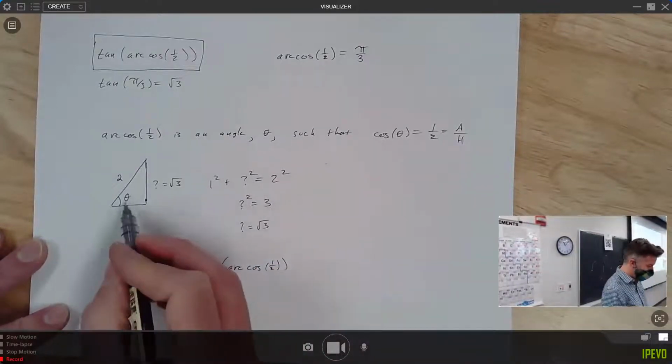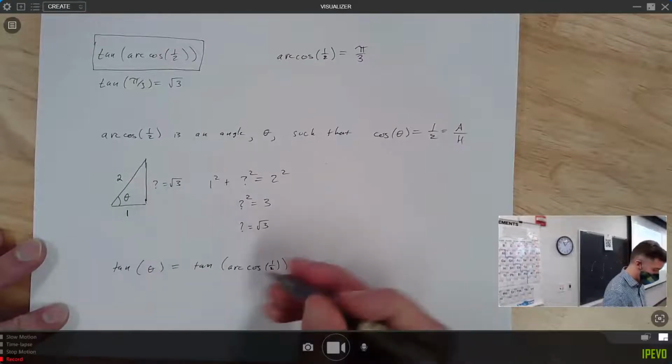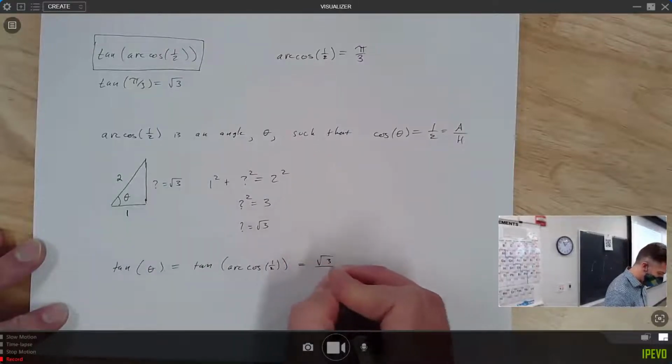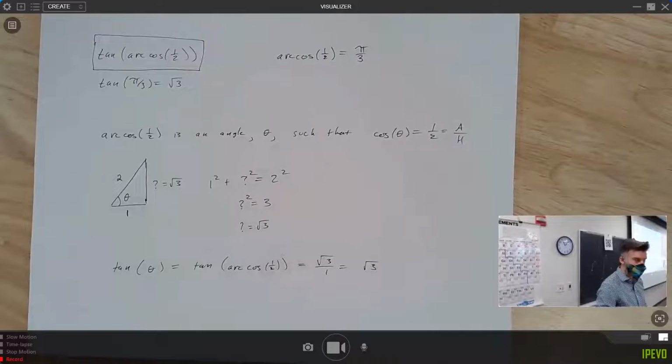But tangent of that angle is opposite over adjacent. So you can totally tackle a problem like this without knowing any trig values of anything. I don't need to know that cosine of pi over 3 is 1/2 or that tangent of pi over 3 is root 3. I did it without that knowledge completely. It's kind of nice.